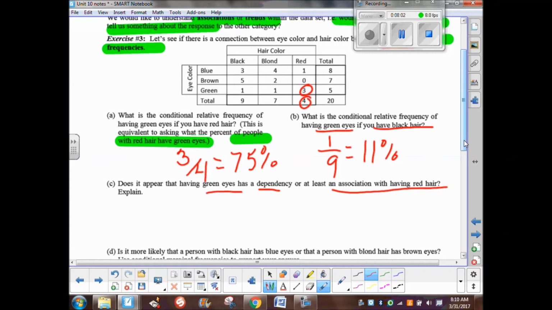So overall, let's think of the total here. Look at the total. How many people out of 20 have green eyes? 5 out of 20 have green eyes, right? Which is 25%, right?